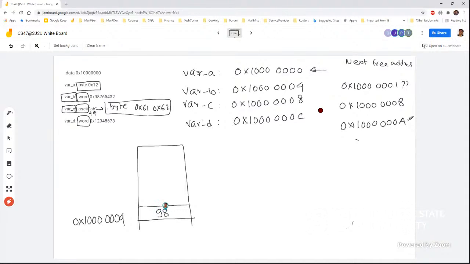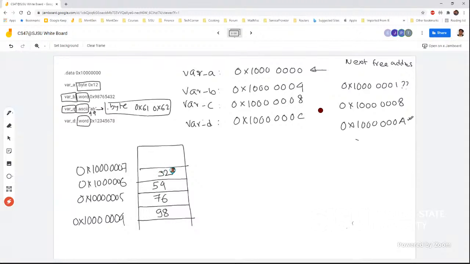So 98 will be placed there, then 76 will be placed there, then 54 would be placed there, and 32 will be placed there.